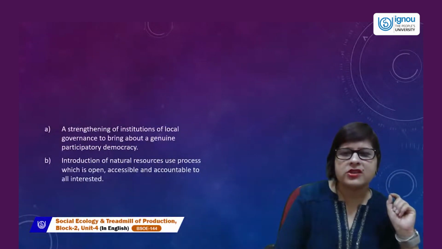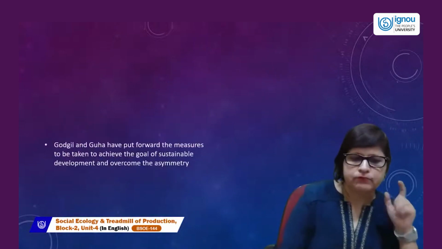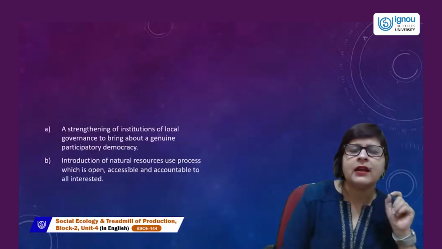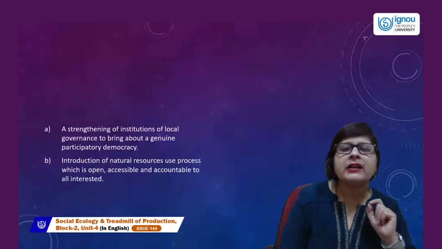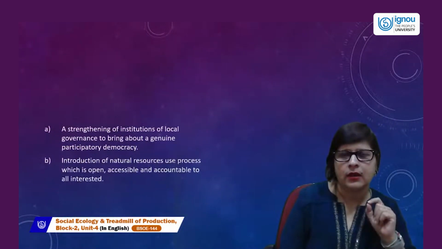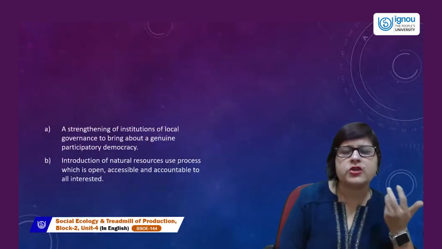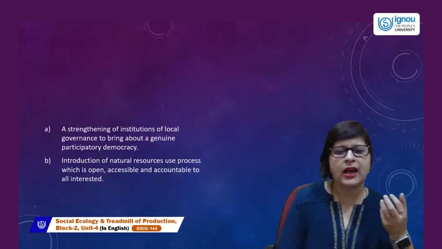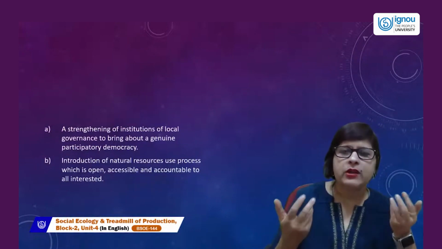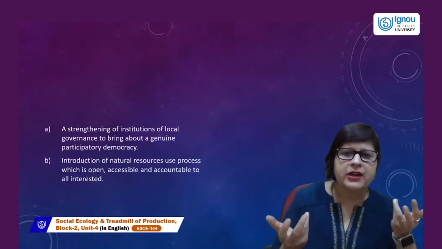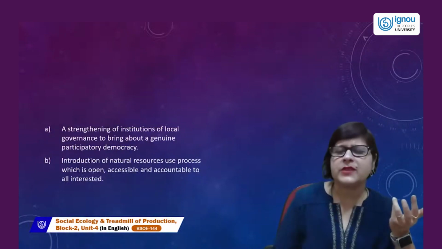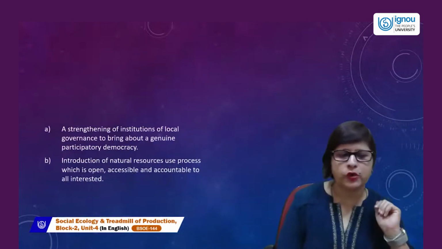The first suggestion given by Guha and Gadgil is that there should be a participatory democracy. There should be a strengthening of the institutions of local governance so that there is a genuine participatory democracy. It will help in sustainable growth.